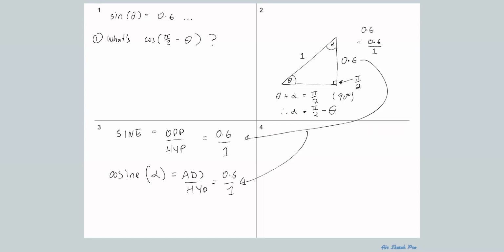And cosine of alpha is just cos of 90 degrees, pi on 2 minus theta. So cosine alpha equals sine theta.